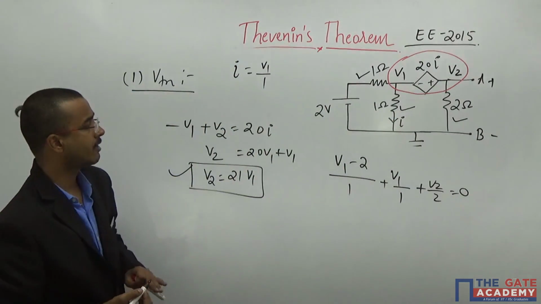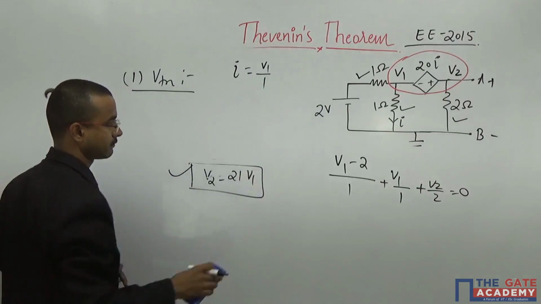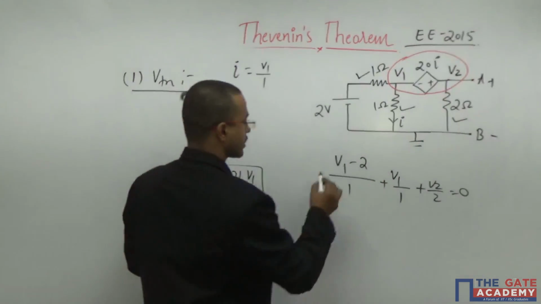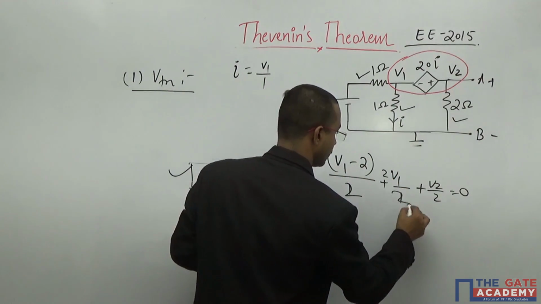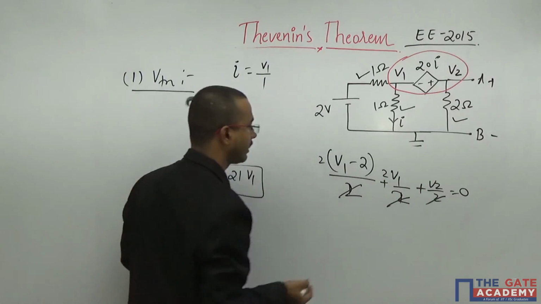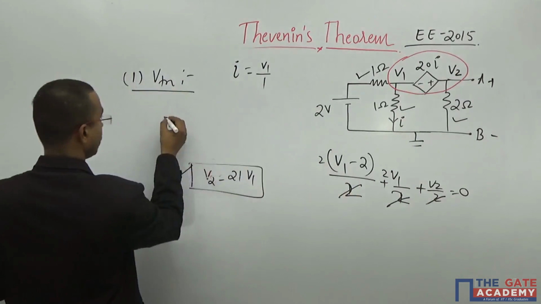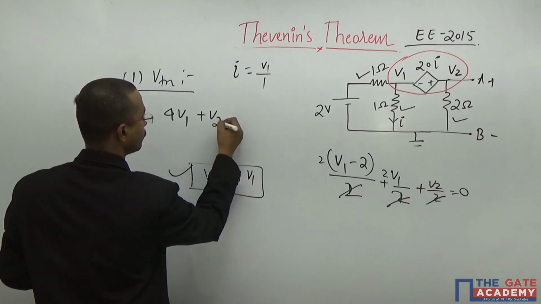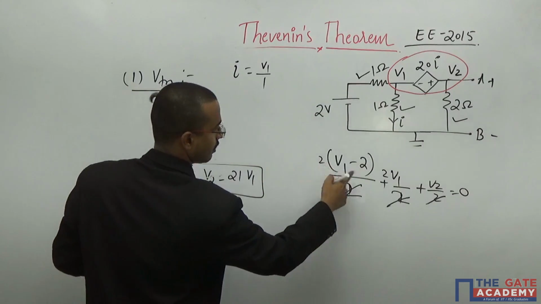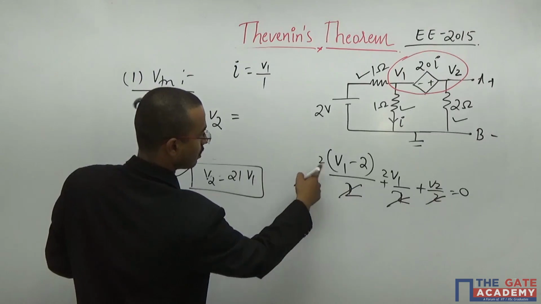Three branches, I have written the three parameters here. Just multiply here by 2 and multiply here by 2. Then the denominator will go out and here you have 4 V1 plus V2 is equal to 4.